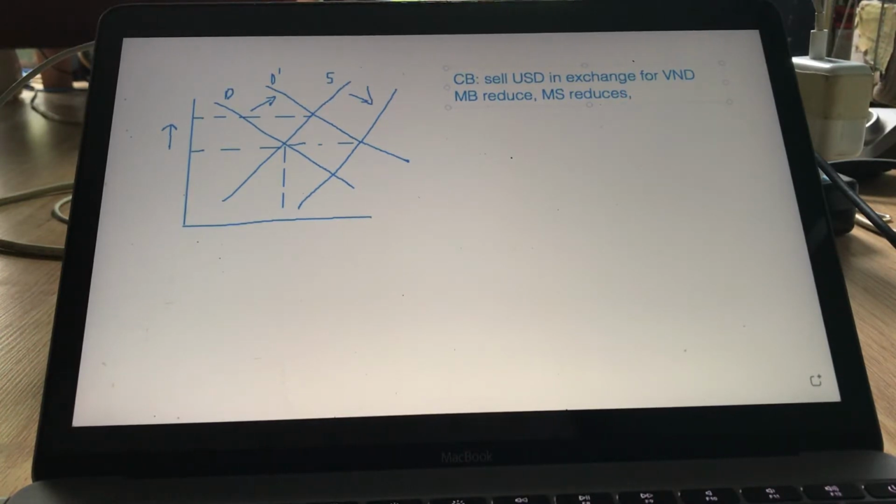But then what happened? What is the keyword? We can label the situation when MS decreases. What is the consequence of this? If the MS increases, there's inflation, so we all know that, right?